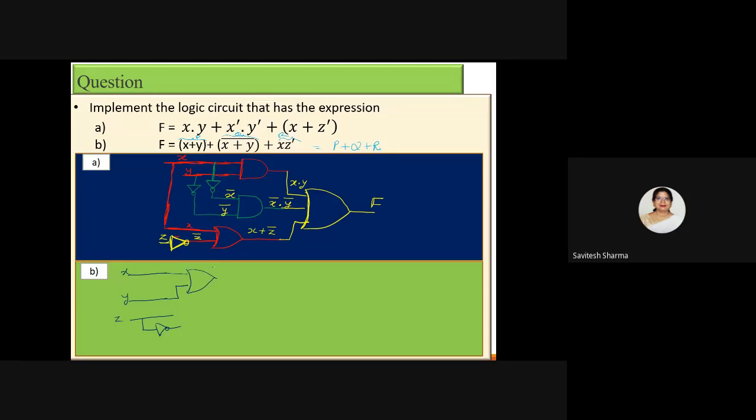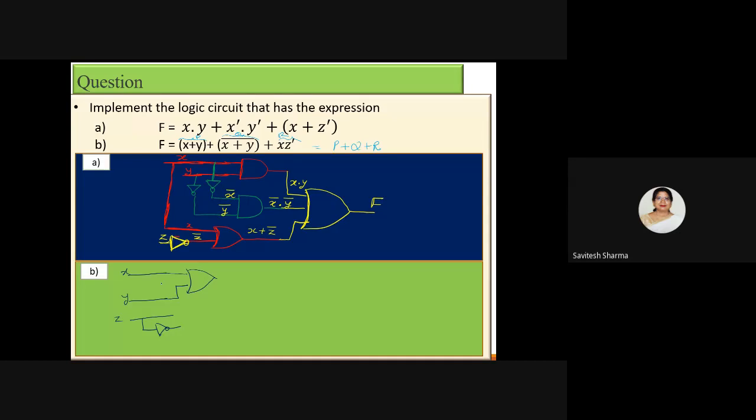So this is the technique, the simple procedure I am telling you. I am not considering coming out with an optimized circuit, meaning minimum hardware requirement. I am only considering the implementation.